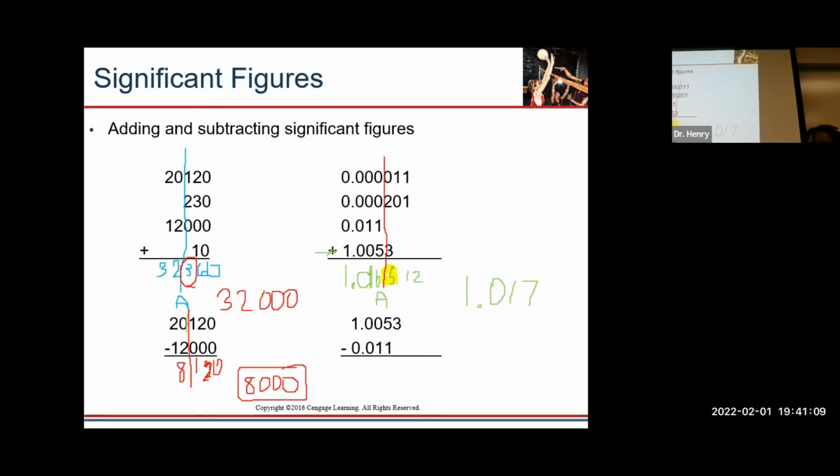Okay. This last one. Where am I going to draw the line? It'll be after the 3, right? Okay. And then the second one? After the 1? The second one? Okay. So am I going to use the red or the blue line?